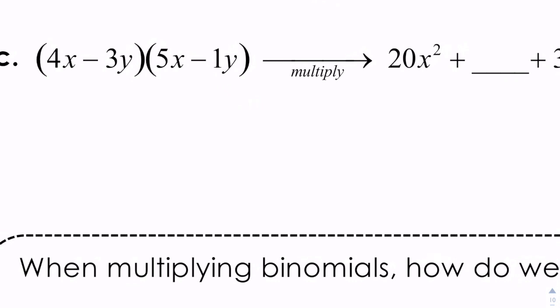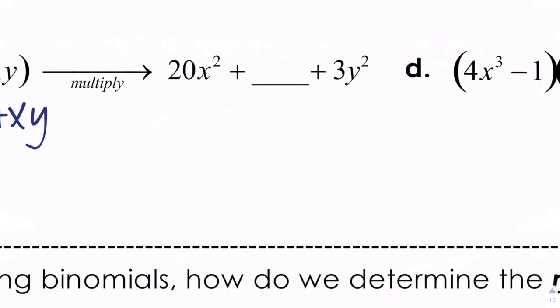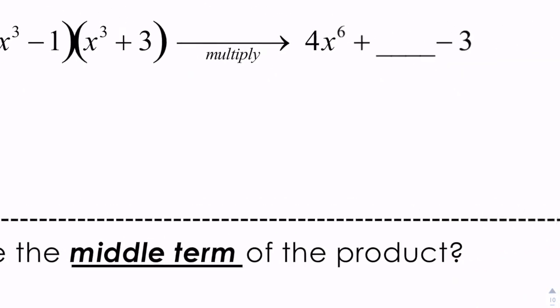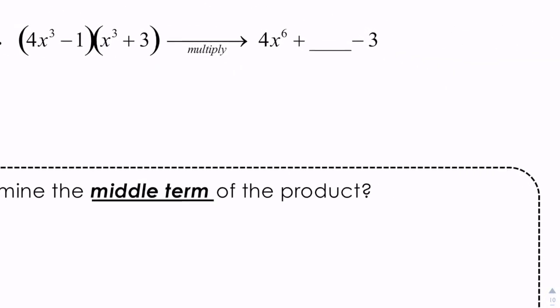Here you should get that your middle term is negative 15xy minus 4xy, so that's a negative 19xy. And right here, your middle term is negative 1x cubed plus 12x cubed, so we have 11x cubed.